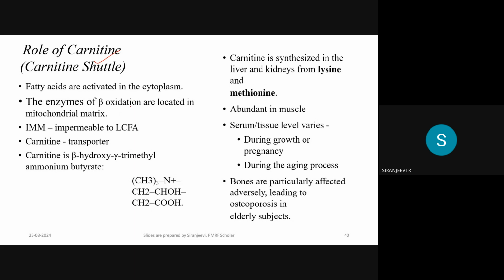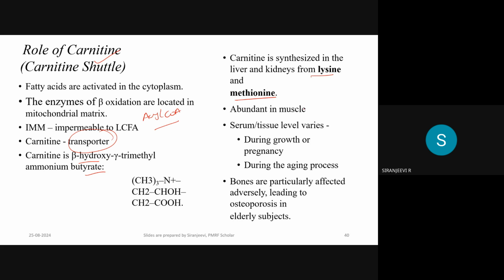Carnitine is made from lysine as well as methionine, and is chemically called beta hydroxy gamma trimethyl ammonium butyrate. It acts as a transporter, because the activated acyl CoA is not permeable across the mitochondrial membrane.